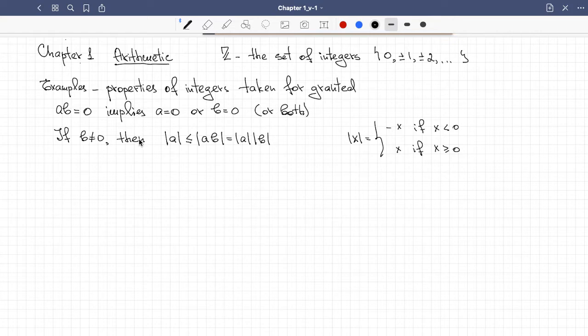These two examples are just obvious, well-known facts, and we take them as such. A less common example is the well-ordering axiom.